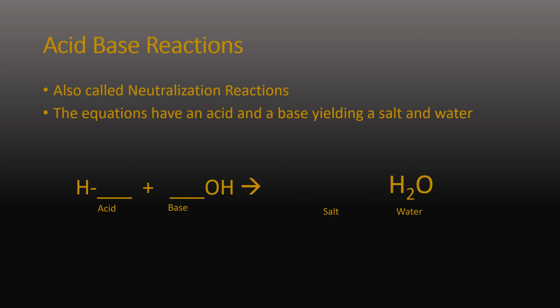The acid bases, also called neutralization reactions, because remember, going back to probably middle school, acids and bases are on the pH scale. 0 to 7 is an acid, and 7 to 14 is a base.